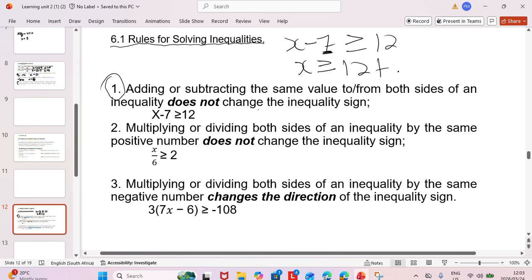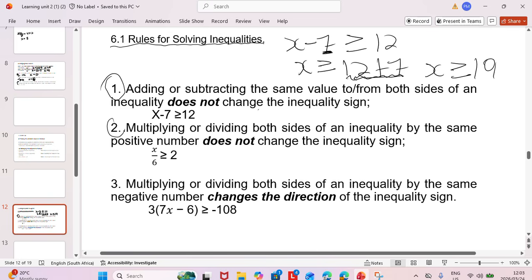The inequality sign will not change. This greater than or equal to, when you are taking a negative number or a positive number from the left to the right, or from the right to the left, the inequality sign does not change. So x is still greater than or equal to, you add those two numbers here, you will have 19.